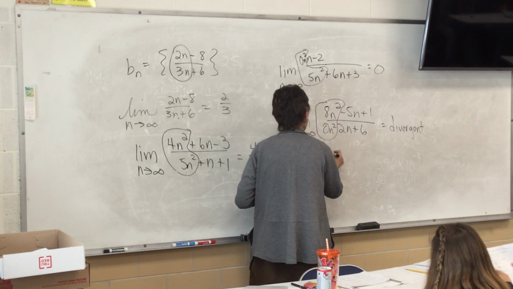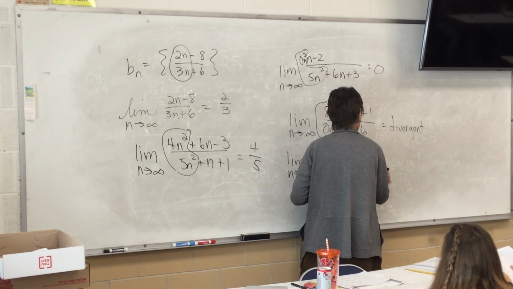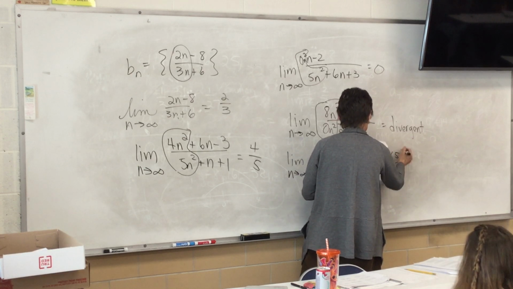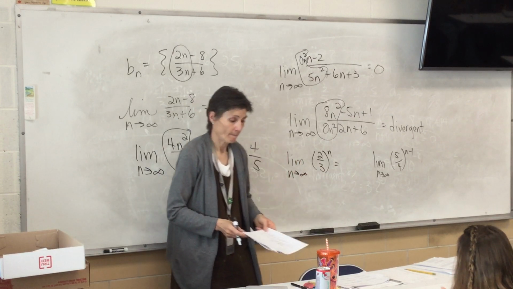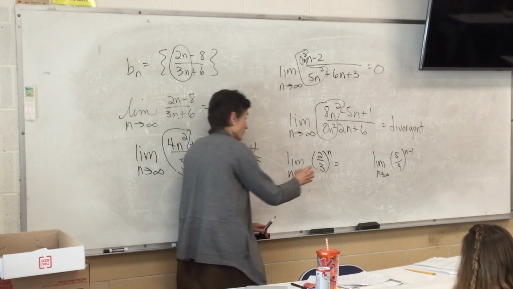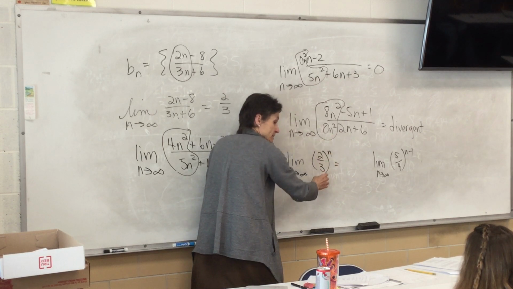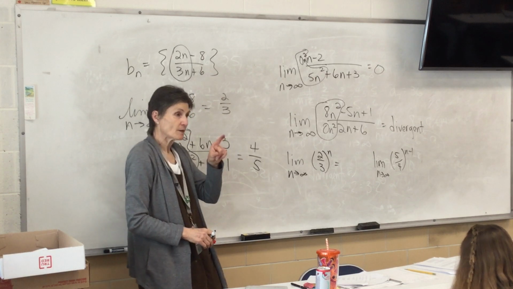You do not have n's over n's. You have things to the nth. Things to a power. So first of all, we recognize the difference between this problem and this problem. Okay? There's a difference. Now I want you to take your calculator out.